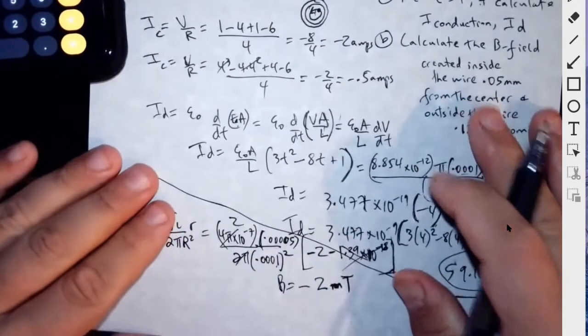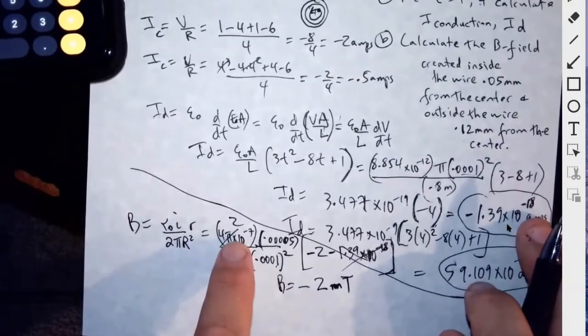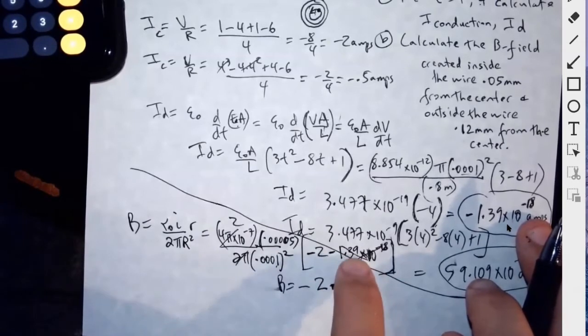Okay, what's going to be the field at 0.12 millimeters? The only difference is the equation. The I is still going to be the same because this is going to dominate over that.